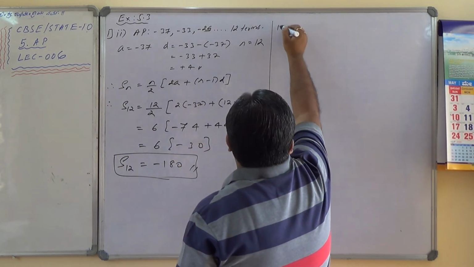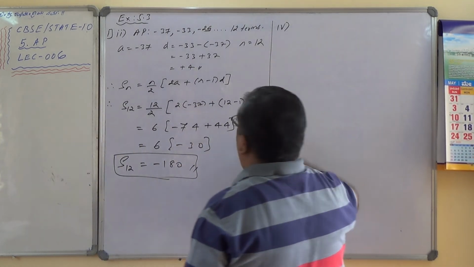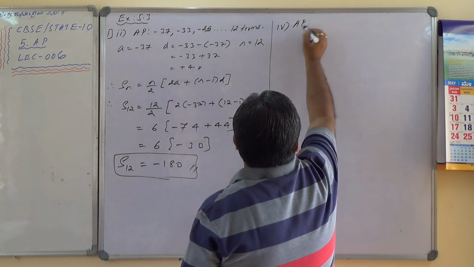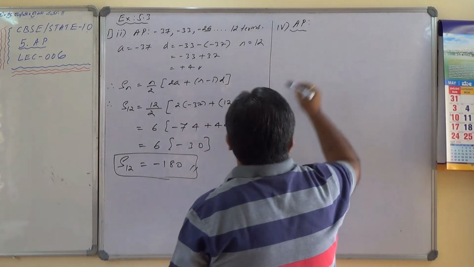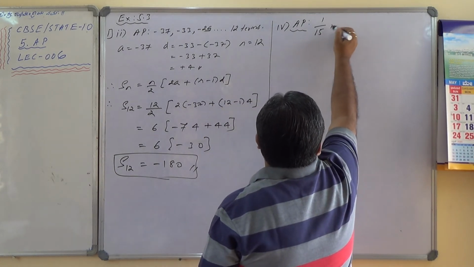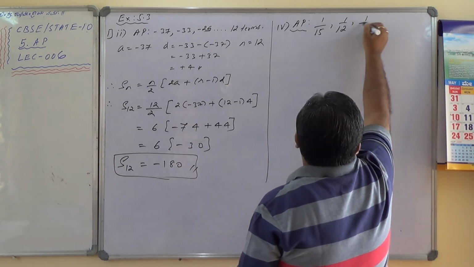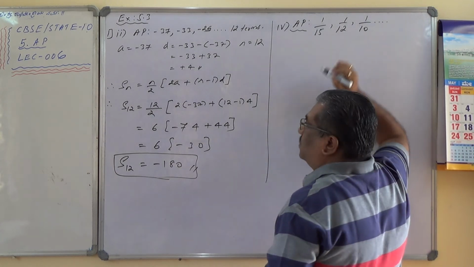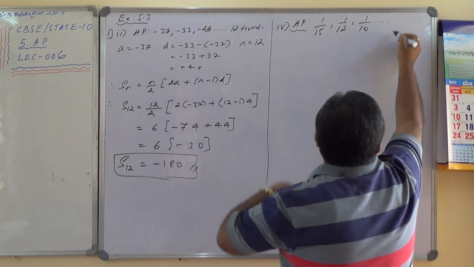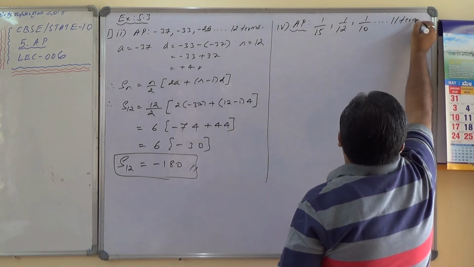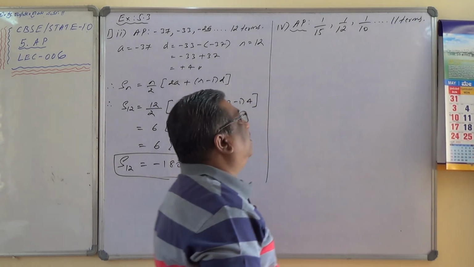Fourth question. AP given to us is 1 by 15, 1 by 12, 1 by 10. It continues up to 11 terms here. So I have to find out the sum up to 11 terms.